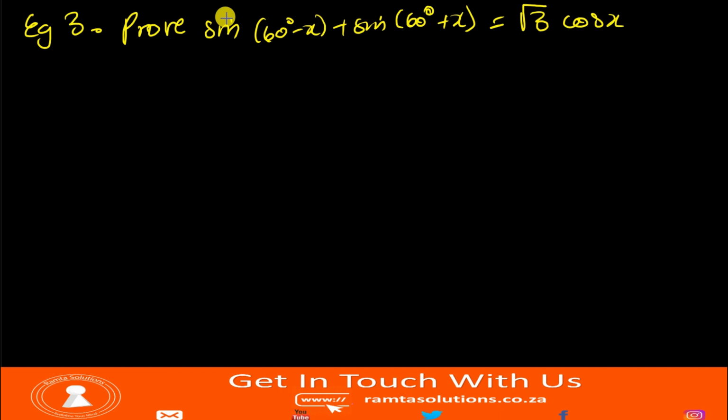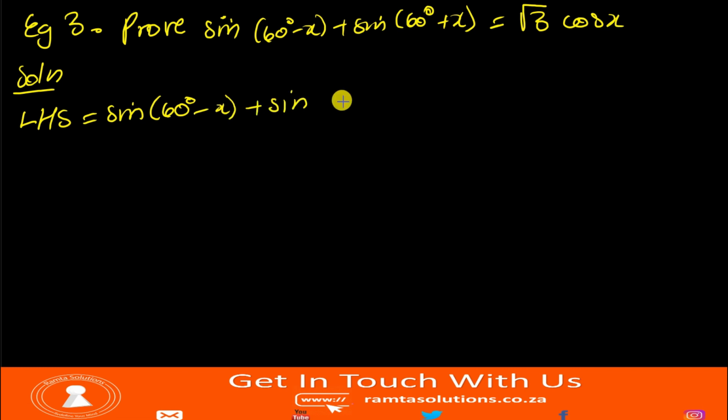Now, which one can be easily broken down? It's the left-hand side, right? So our solution, because we are proving: left-hand side equals sine 60 degrees minus x plus sine 60 degrees plus x.